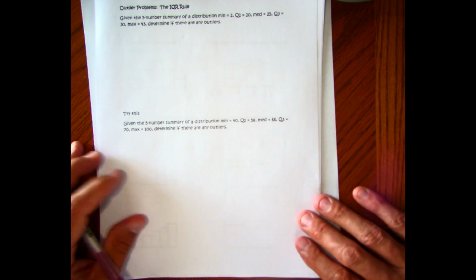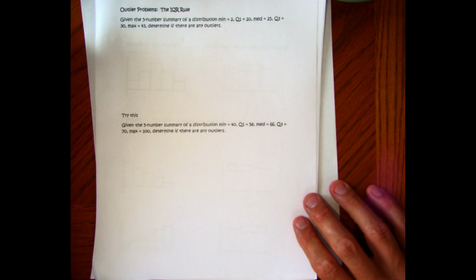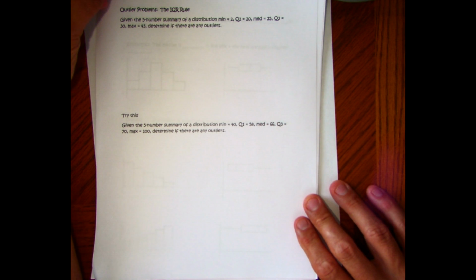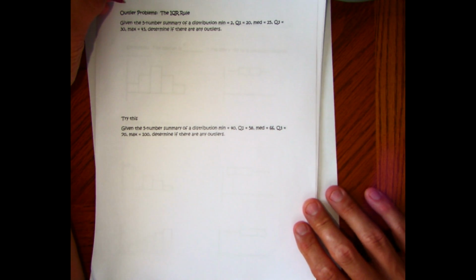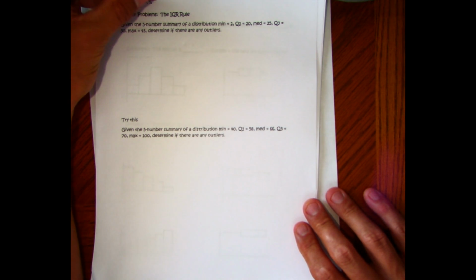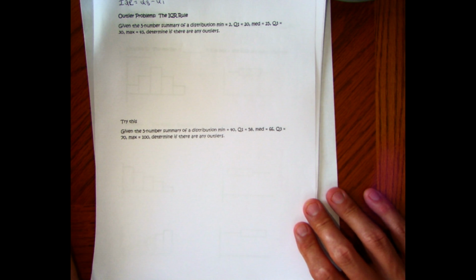Alright, so the outlier rule. So we've defined that the outlier rule is we need to find the length of the box, which is called the IQR, and that's Q3 minus Q1. And then once we find that, we multiply 1.5 times that, and that's how far we can go from Q1 and Q3, or that's how long our fence can be.